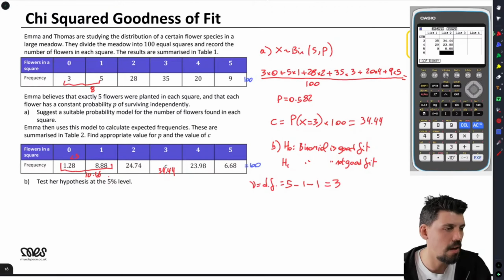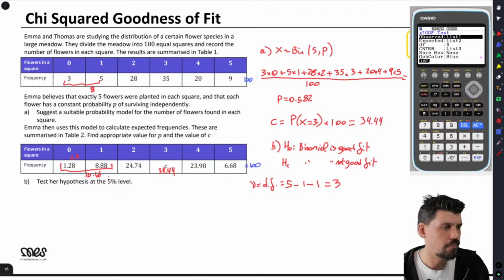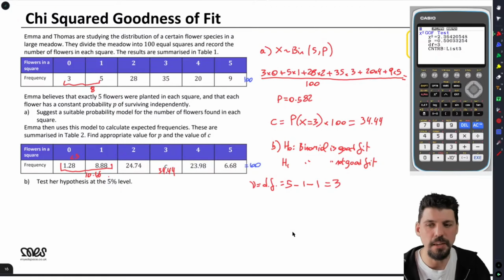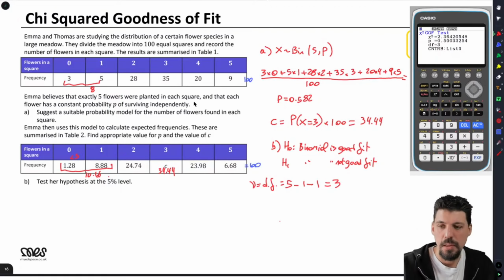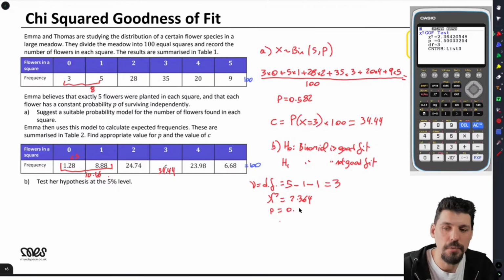We can go test chi-squared. It is a goodness of fit test. Observed was list 1, expected was list 2. My degrees of freedom is 3. It gives me my test statistic. So I get my chi-squared statistic is 2.364, and I get a p-value of 0.5.